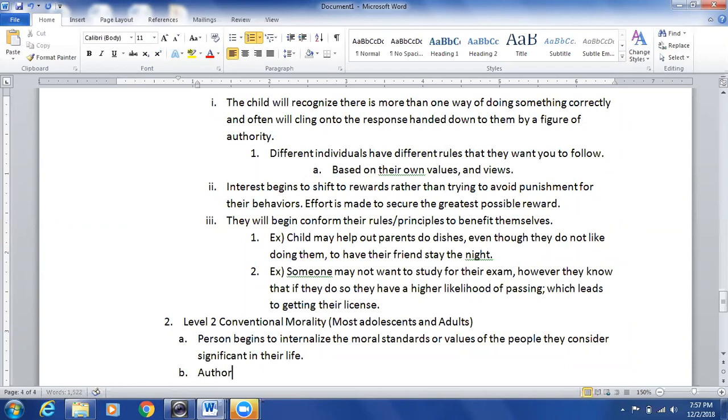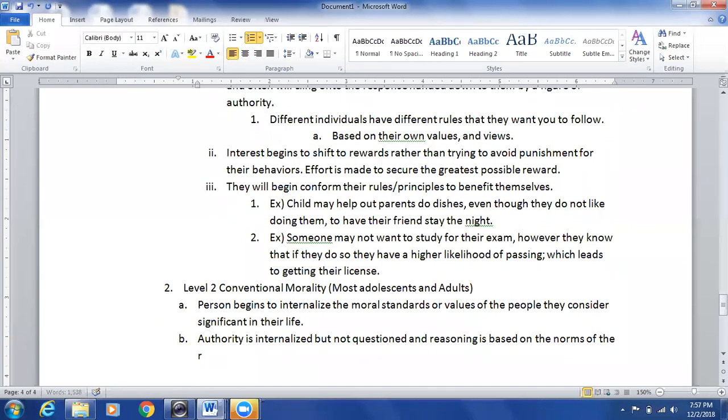And thus, authority is internalized, but not questioned, and reasoning is based on the norms of the group the person identifies with.